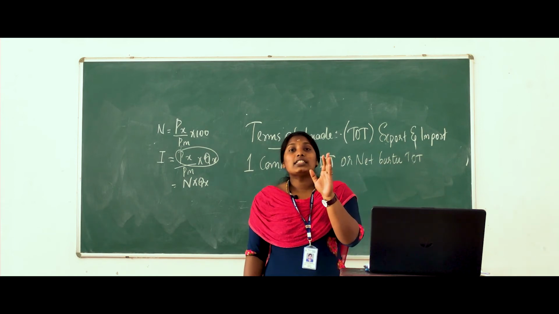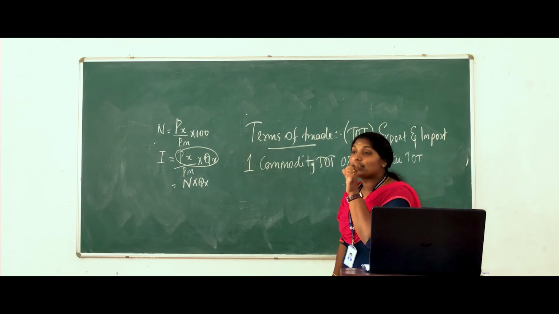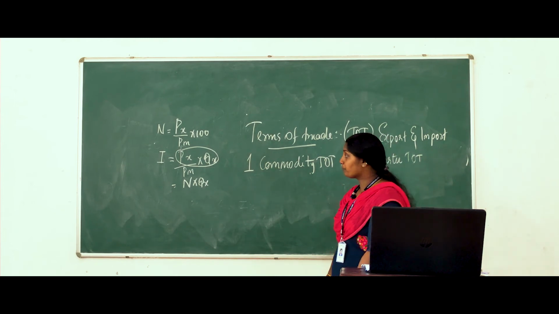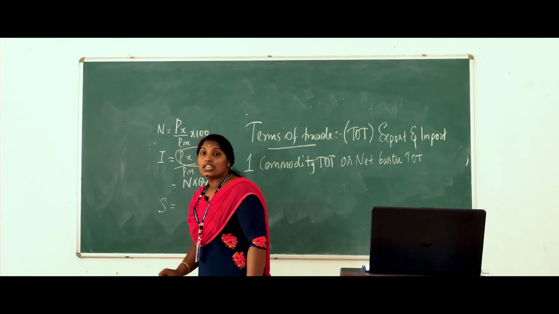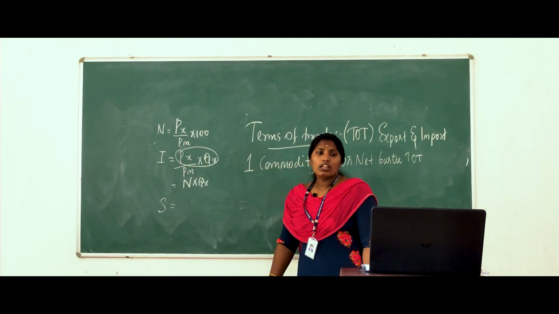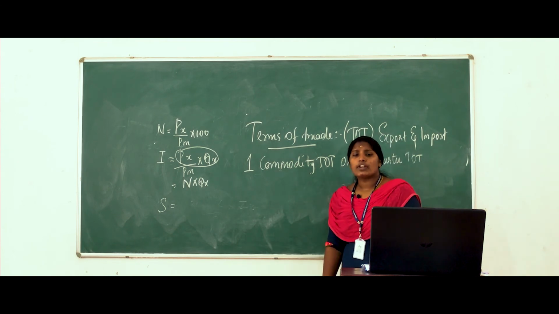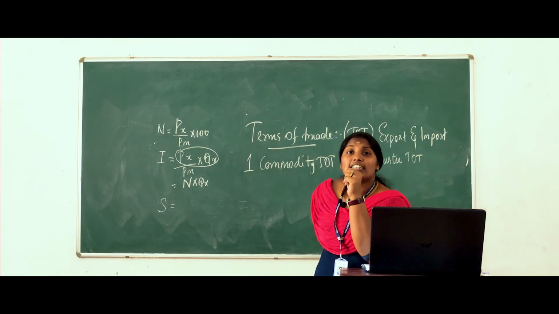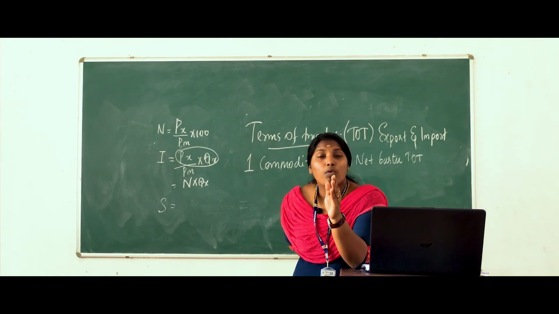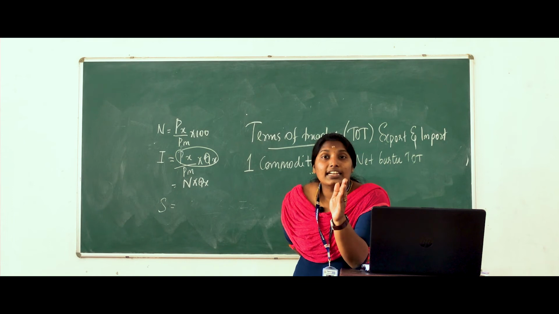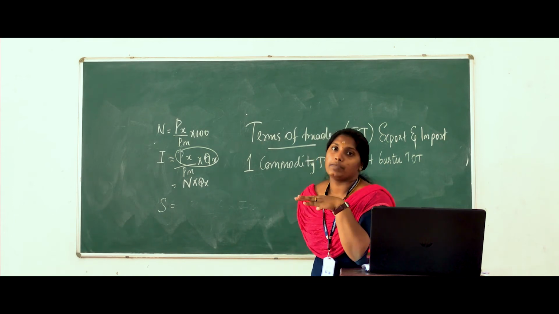First, single factorial terms of trade, denoted by the letter S. The single factorial terms of trade is the net barter terms of trade adjusted for changes in productivity of the factors employed in export industries only.